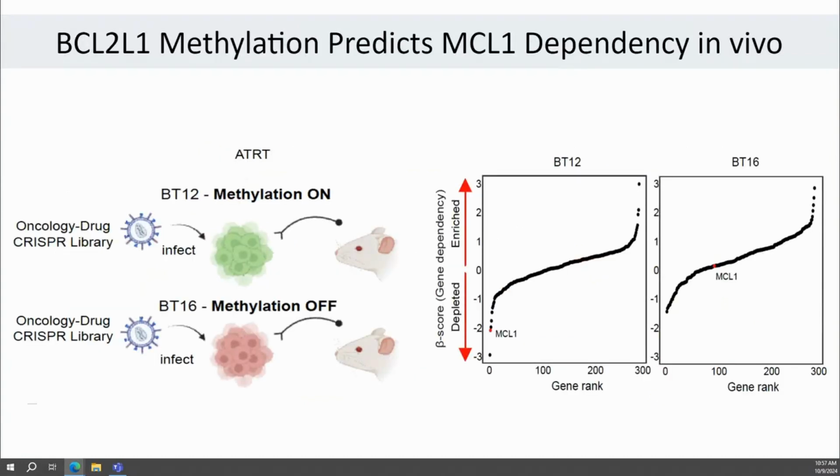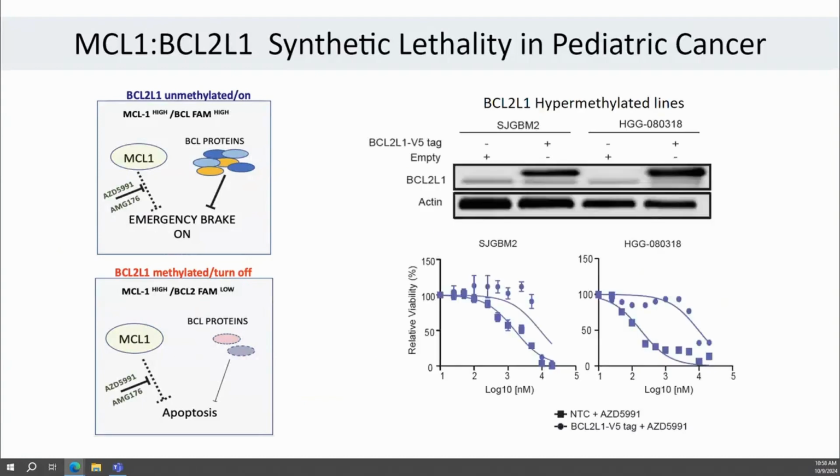Lastly, what we've shown as well is that this also extends in vivo. These are ATRT models that either have the methylation site on or off. Very briefly, you can see that when we implant these tumors in the brain and knock out MCL1 and other genes, MCL1 dependency is a unique feature of BT12, which harbors the BCL2L1 methylation, compared to BT16.